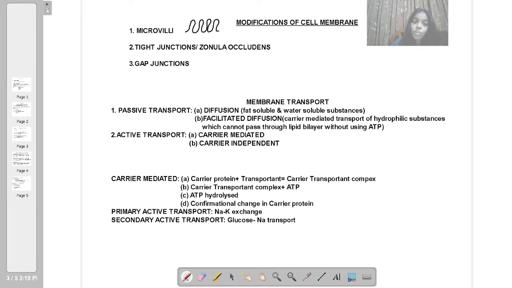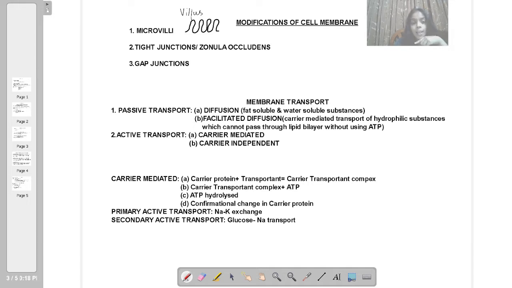So each such fold will be known as villus. Microvilli. Villi is the plural form. So the projections are not very big, so that is why the name microvilli.